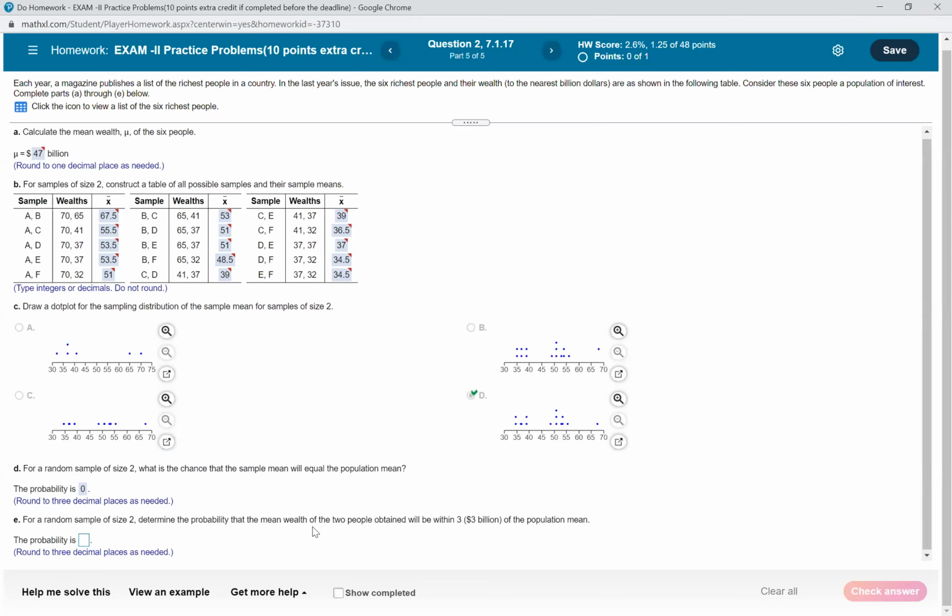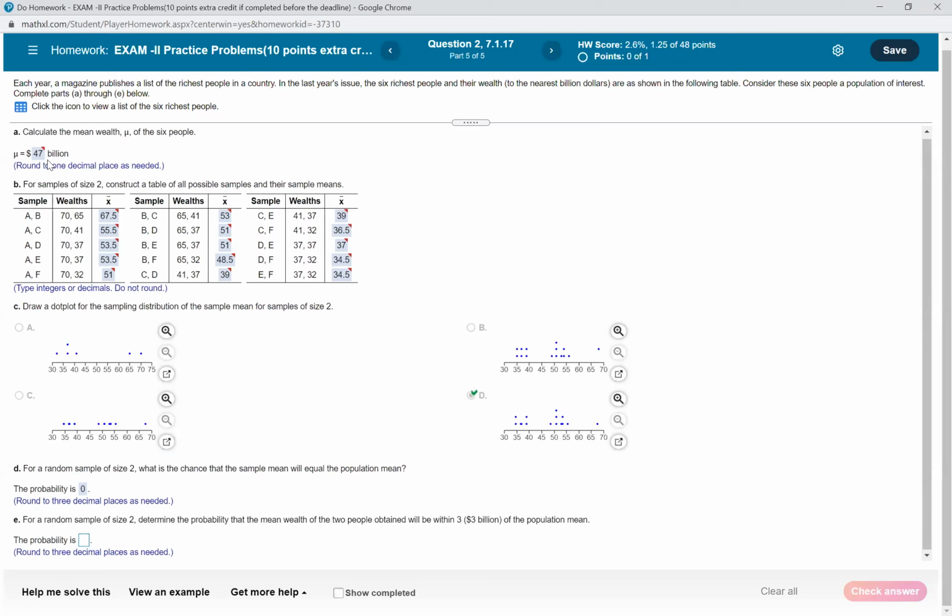Okay, so for a random sample of size 2, determine the probability that the mean wealth of the 2 people obtained will be within 3 billion of the population mean. The population mean is 47. So 47 minus 3 is 44, and 47 plus 3 is 50, right?